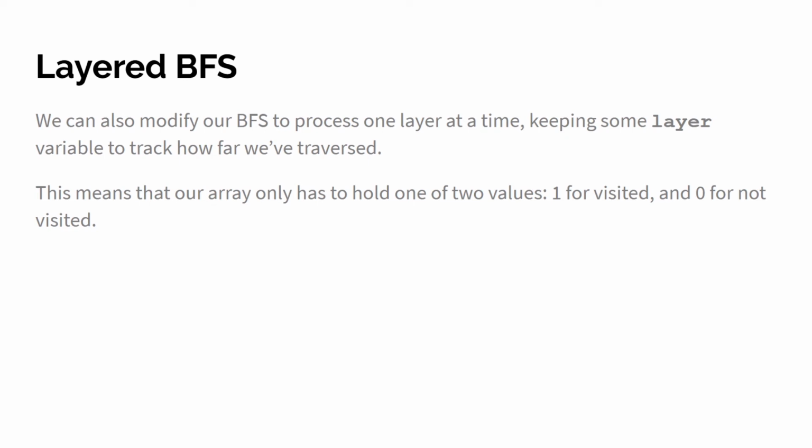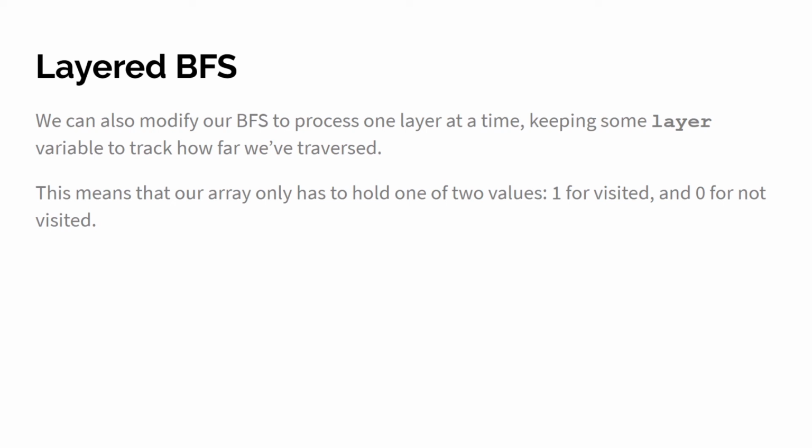This is because we're not actually going to be storing the distance from the start inside the array. Rather, we're only going to be storing 2 values, 0 for not visited and 1 for visited. And to keep track of how far we've moved from the start, we're going to keep some layer variable and process the BFS queue 1 layer at a time.